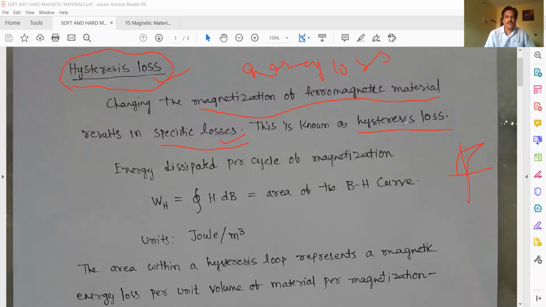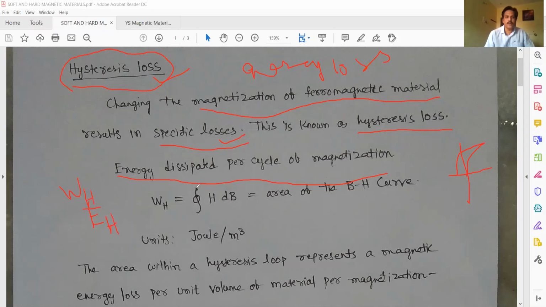So the hysteresis loss is nothing but energy dissipated per cycle of magnetization. That's why I'm writing EH, where H means hysteresis loss. We write the energy loss as EH or WH.